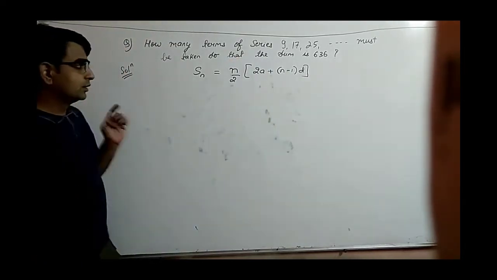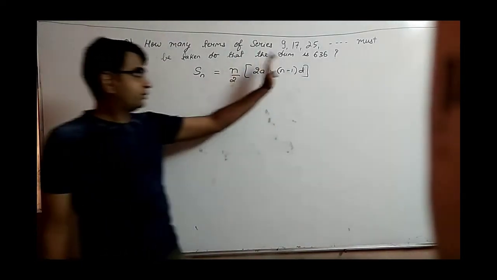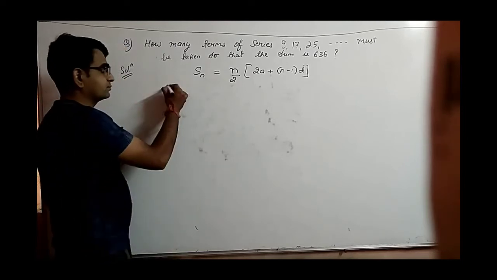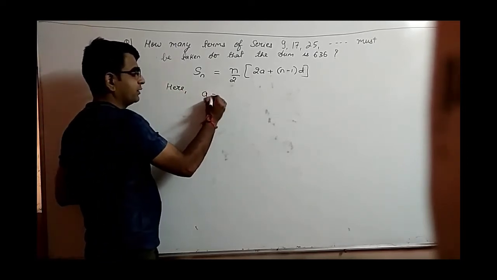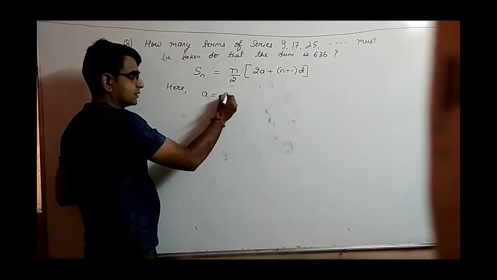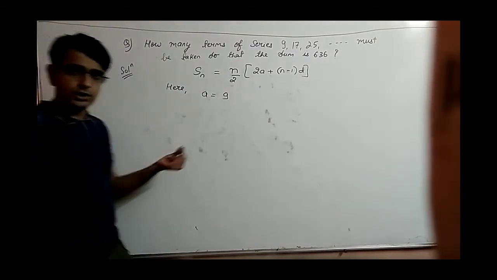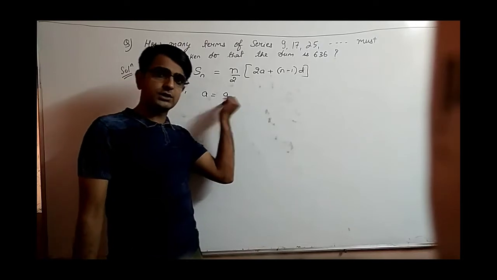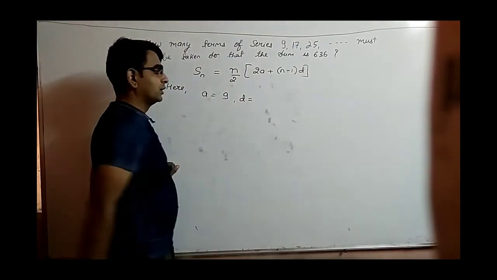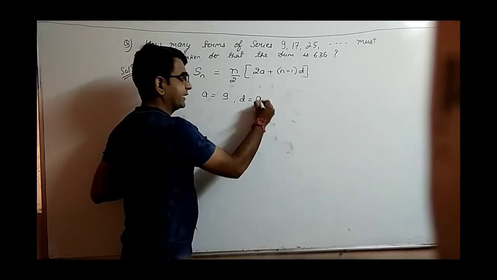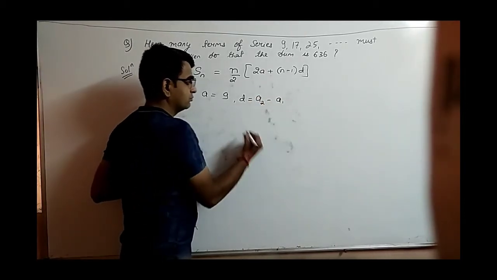Okay, now from the question, what are the things we are given? A is 9, first term. Okay, first term a, which is 9. Now we need to find common difference d, and d is second term minus first term.